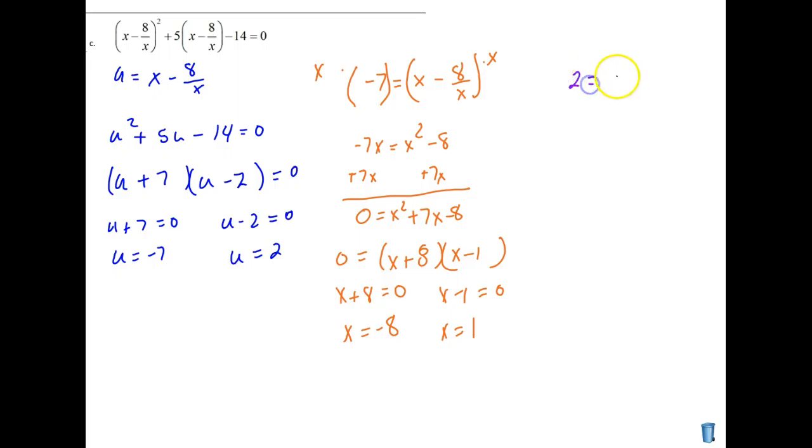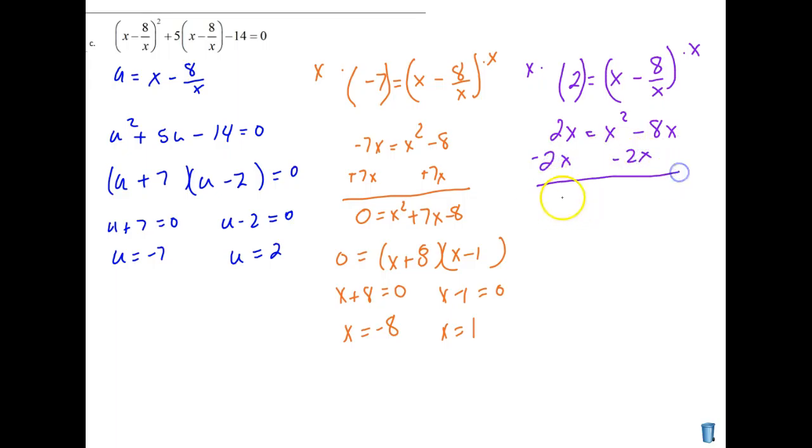So I say 2 equals x minus 8 over x. But this process is going to follow pretty similarly to the one I just did. So now I get 2x equals x squared minus 8. Go ahead and move it to the other side. 0 equals x squared minus 2x minus 8. Oops, this isn't 8x, it's just 8.